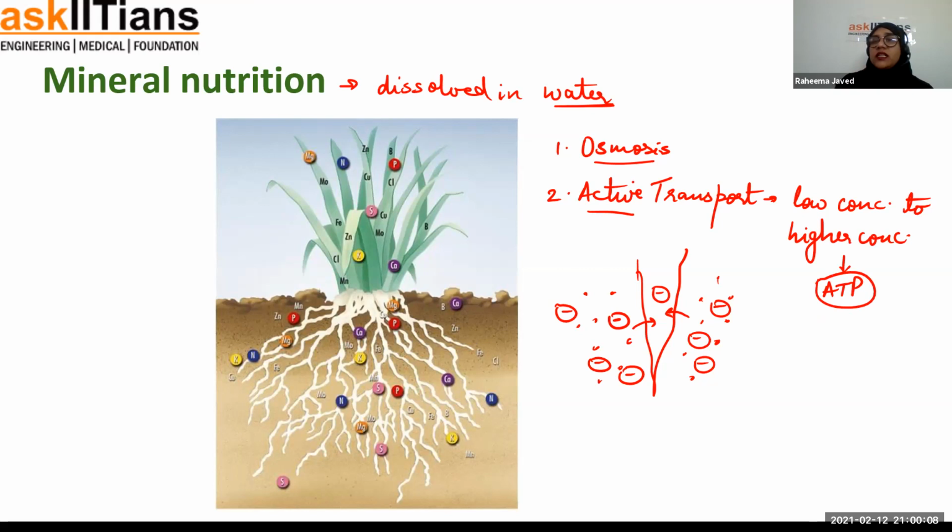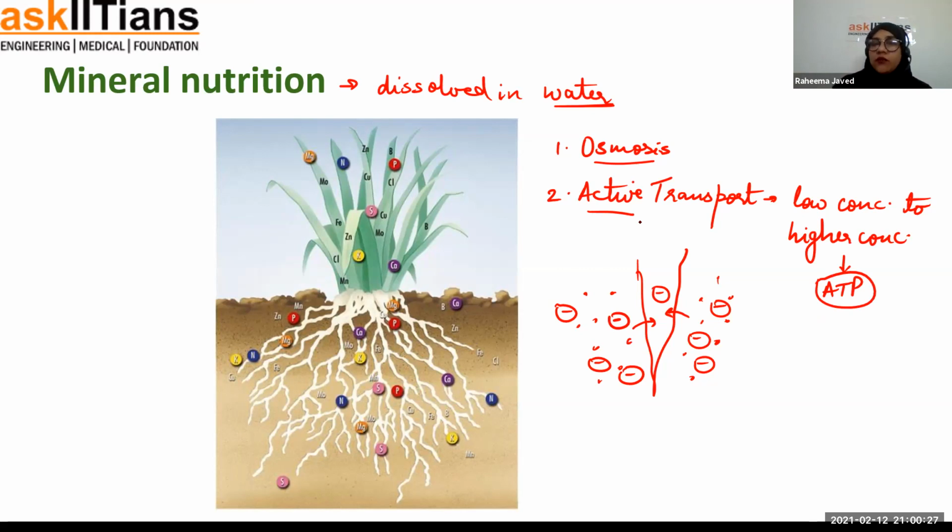Because the movement is taking place from lower concentration to higher concentration, energy is required because it is not going along the concentration gradient, it is going against the concentration gradient. So ATP is used up to drive the movement of ions.